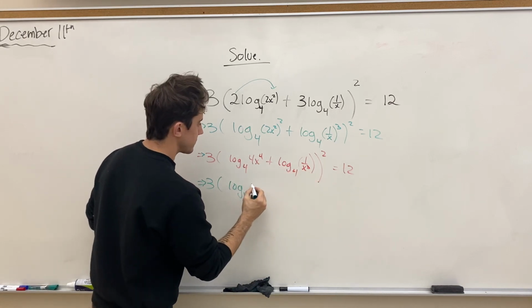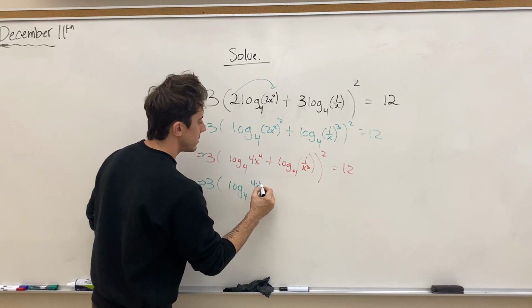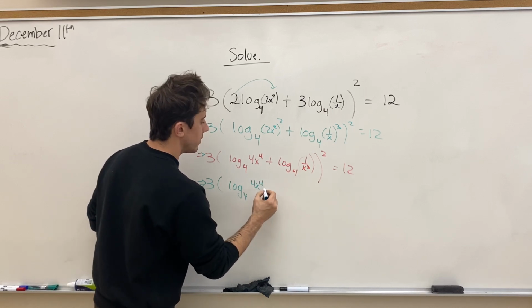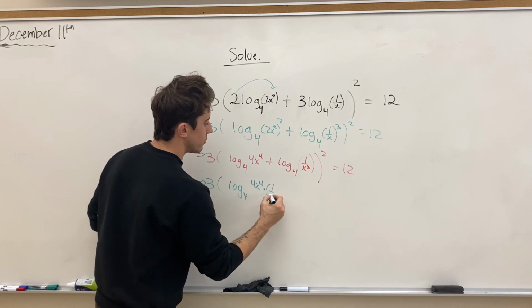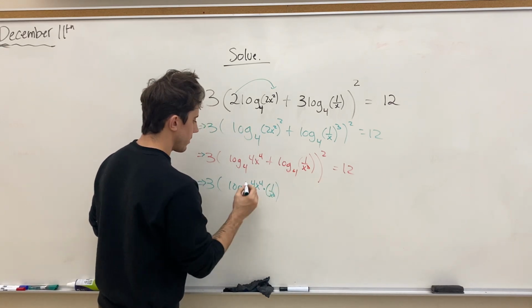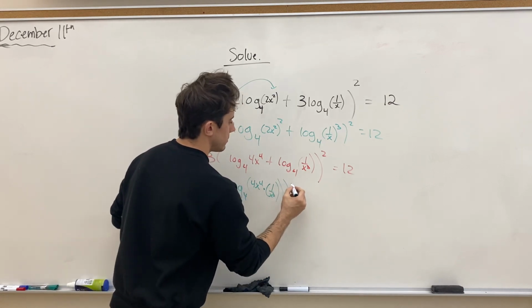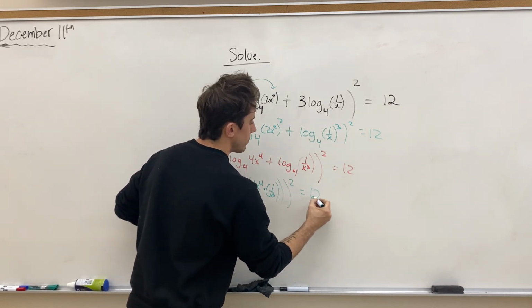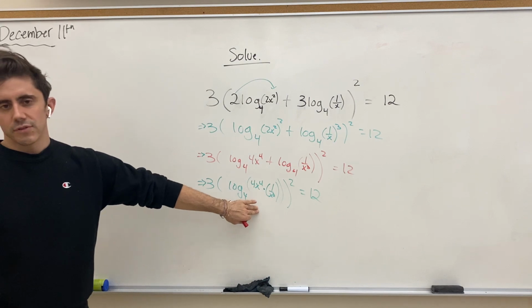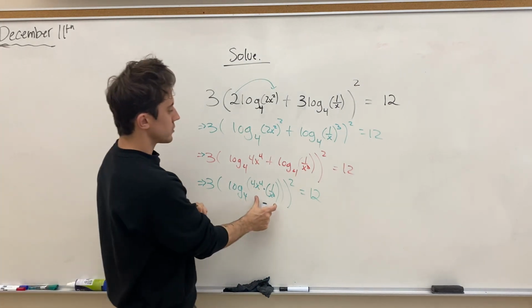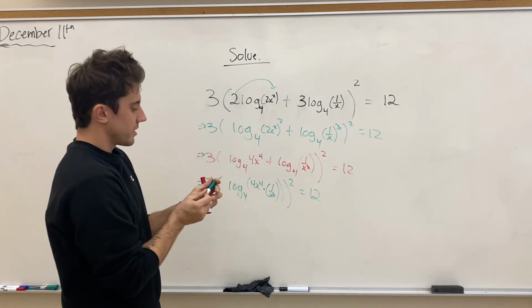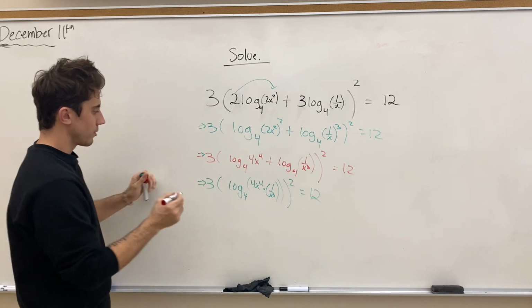And so that means 4x to the 4 times 1 over x cubed, right? And we're taking the log base 4 of all of this, squared, is equal to 12. If you write it a little bit differently, don't worry about it. I'm just being super thorough and super formal here so that it's very clear every step along the way.